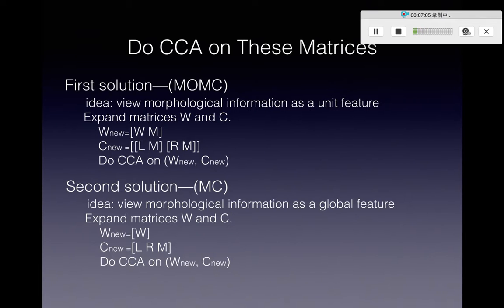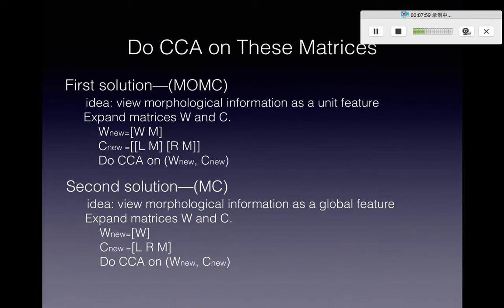We will expand the matrices W and C. W new is constructed like the following equation: we concatenate W and the morpheme information matrix M. C new is constructed like the following equation: first, we concatenate the left context information matrix and the morpheme information matrix, and next we concatenate the right context information matrix and the morpheme information matrix.